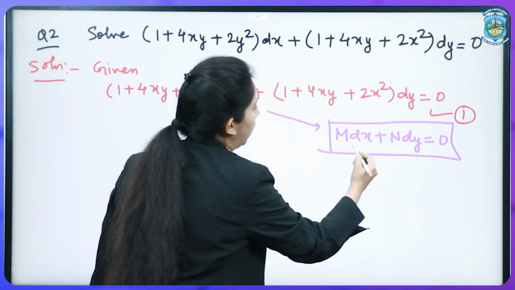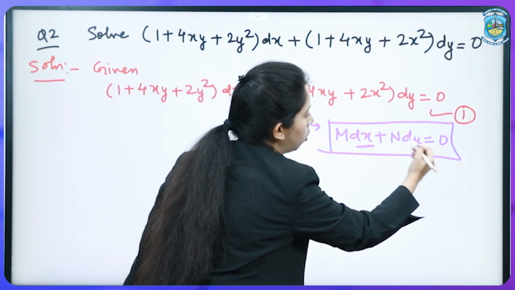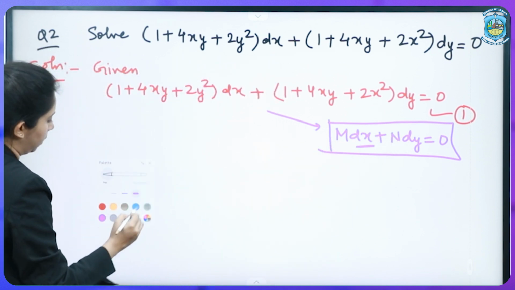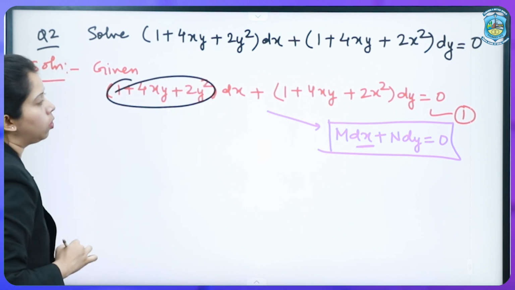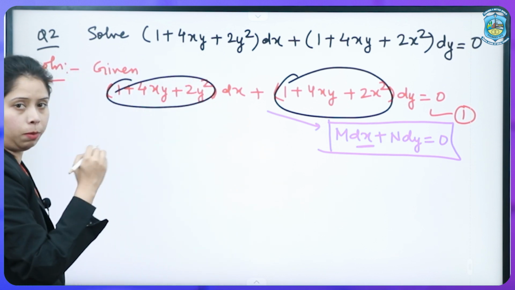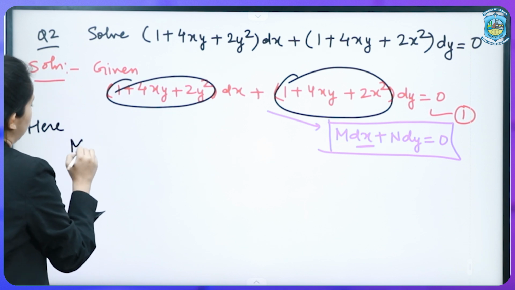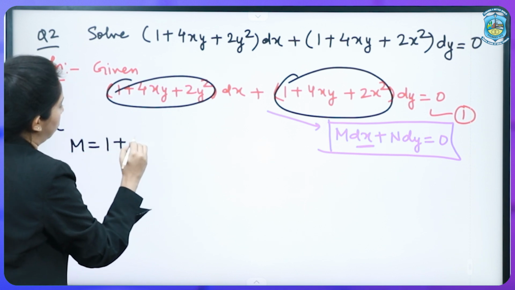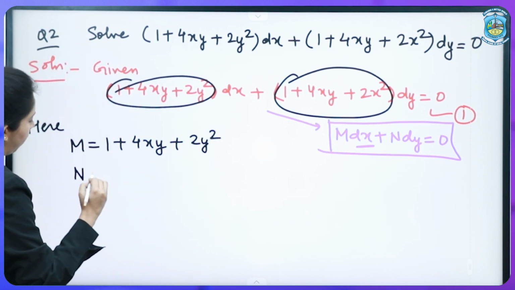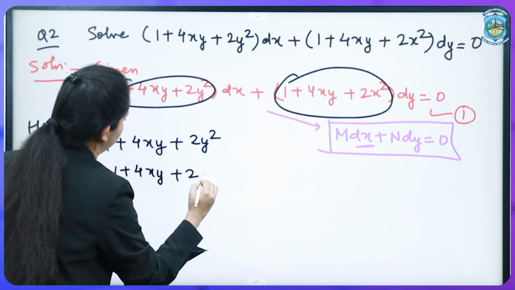So we will find the coefficient of dx, that will be M, and the coefficient of dy, that will be N. Here, this is the coefficient of dx which will be taken as M, and this is the coefficient of dy that will be taken as N. So M is 1 + 4xy + 2y², and the value of N is 1 + 4xy + 2x².